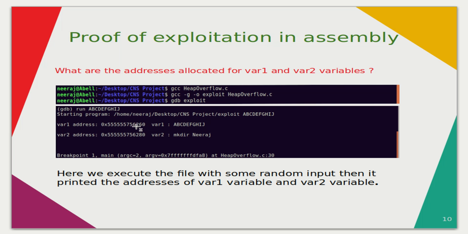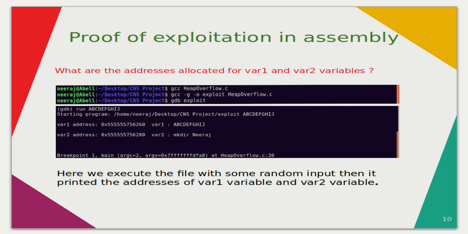The difference between the memory addresses of these memories is 20 in hexadecimal, and it will be 32 in decimal. It means 32 bytes are assigned by the operating system to variable1.